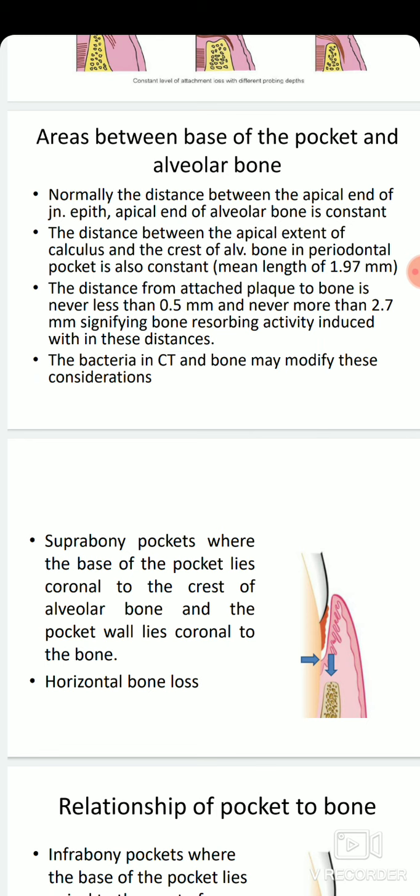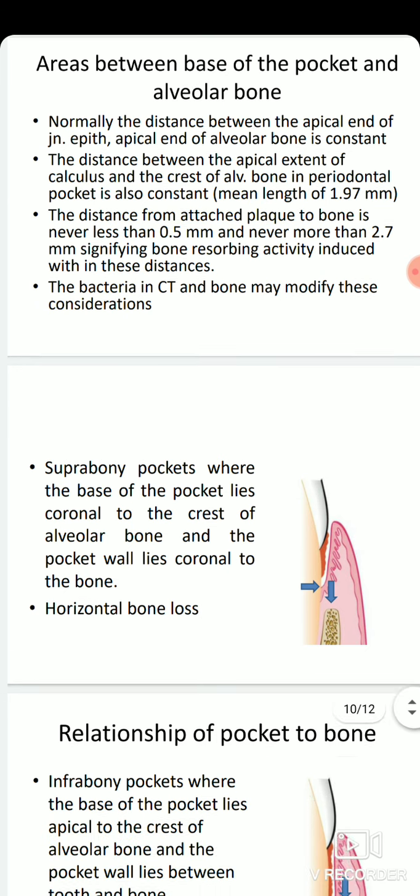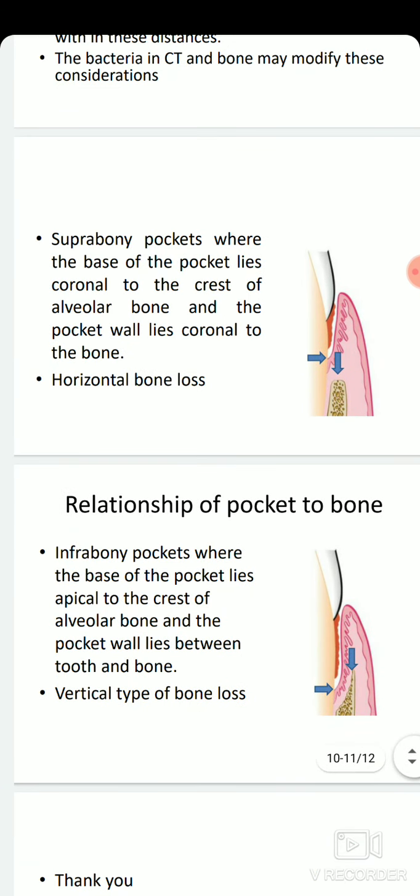So this signifies the bone resorbing activity induced within these particular distances, and the bacteria in connective tissue and bone may modify these considerations. So coming to the next aspect, that is relationship of pockets to bone.